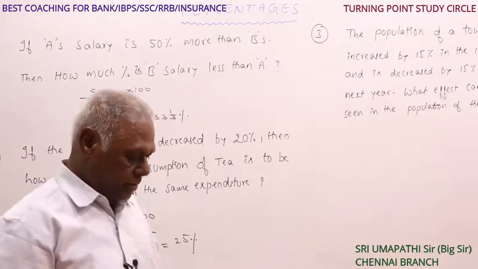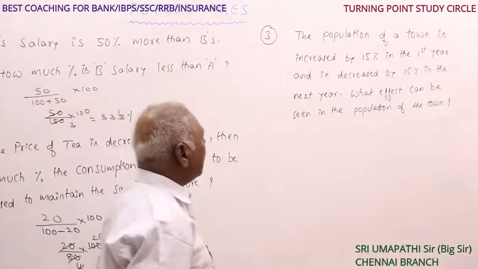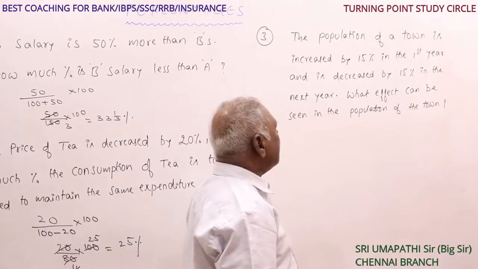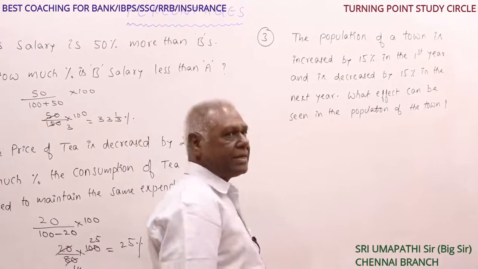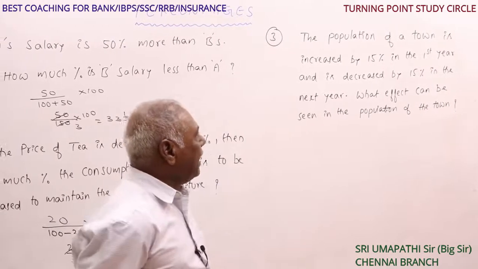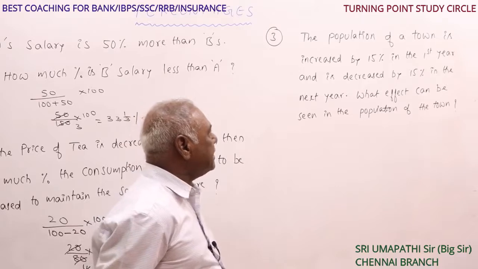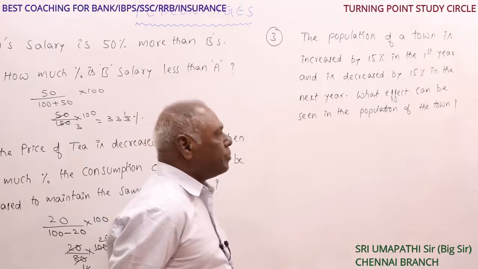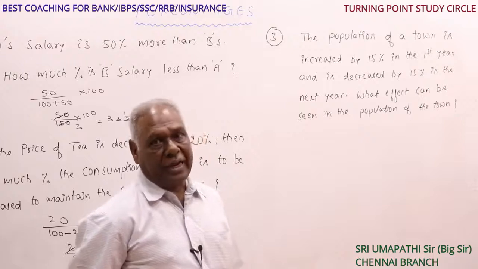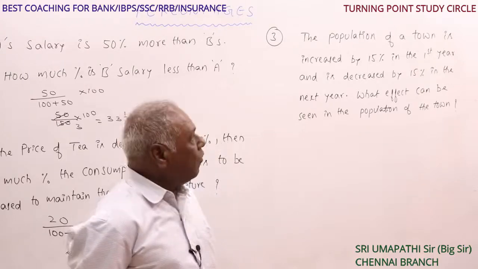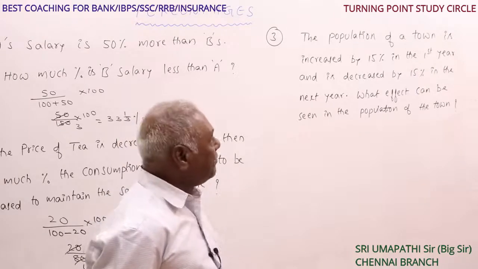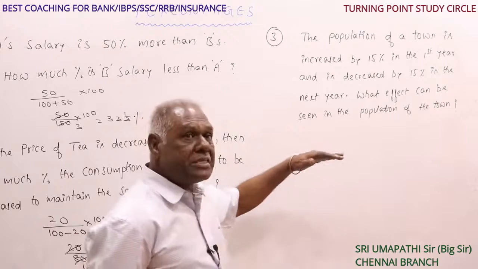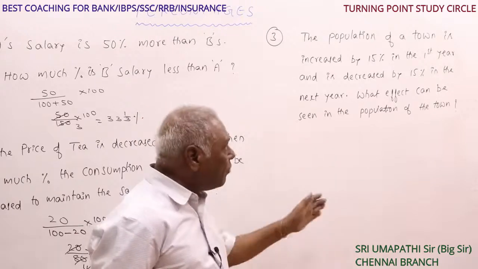Now in the third problem, the population of a town is increased by 15% in the first year and is decreased by 15% in the next year. What is the effect we can see in the population of the town after the 2 years? Now we have already discussed, if the increase and decrease is of the same percentage, we need not work out.